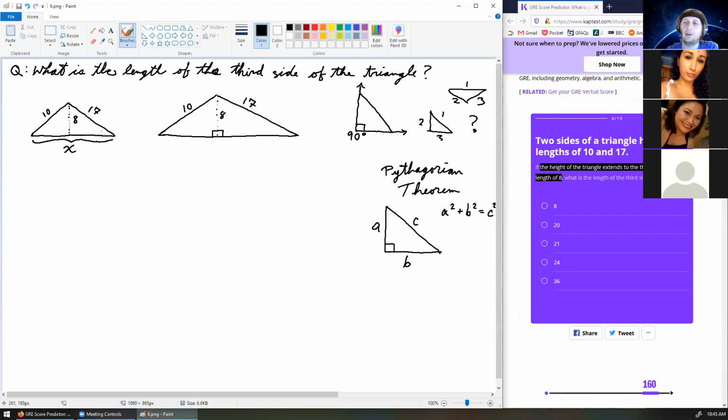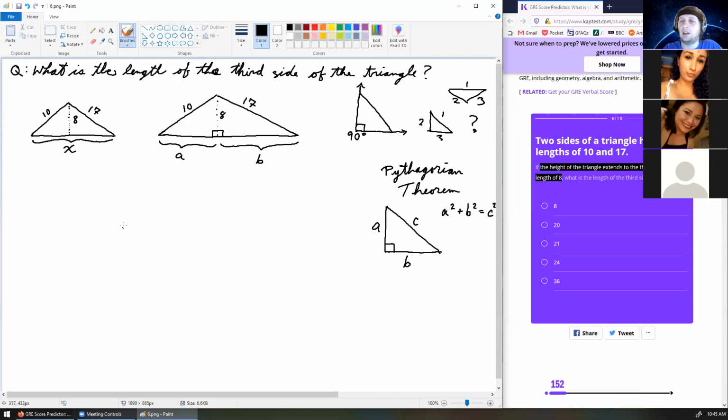Anyways, so what we can do is treat this as two different right triangles. Let's call this bit here A, and this bit here B. So we've got one triangle, which is this here, and a second triangle with this.